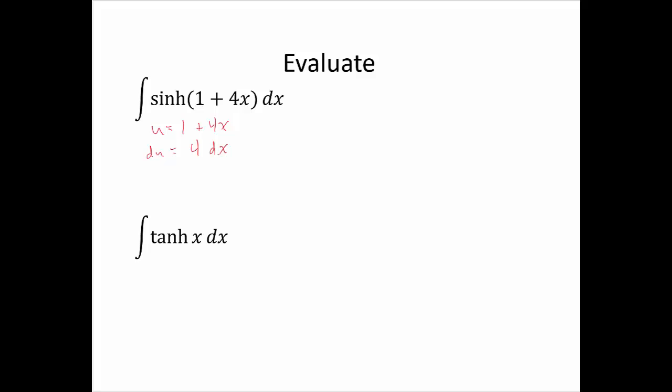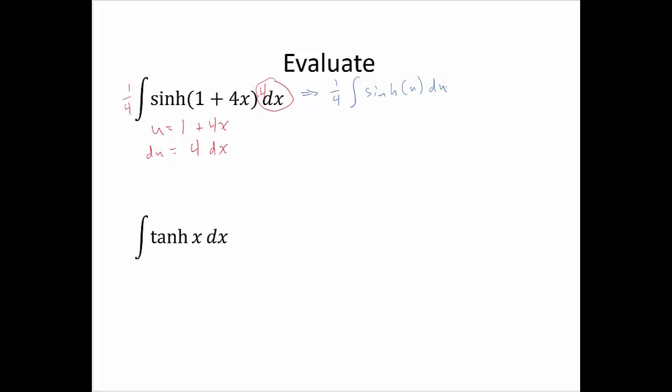So let's see, I would need to bring in a factor of 4 to give me the du. And so I would need a 1/4 outside the integral to counter that. And so then I would have 1/4 of the integral of hyperbolic sine u du.